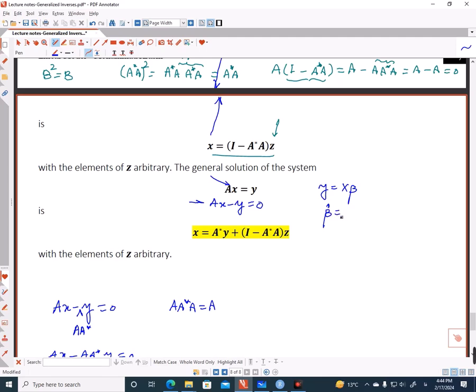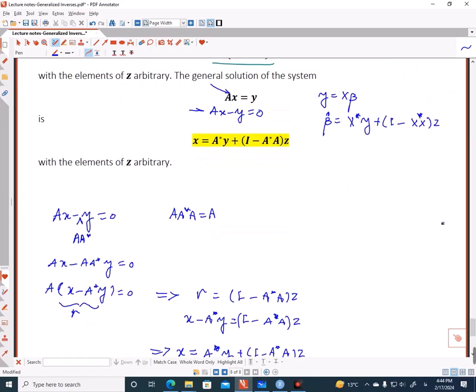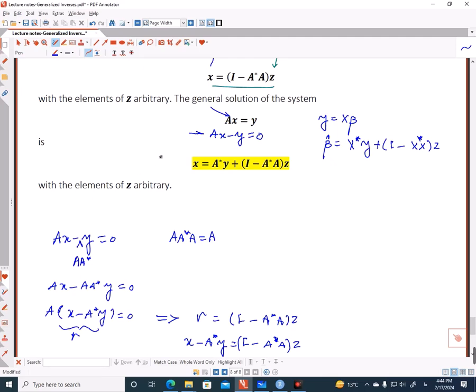So here, according to the common notation, beta hat is equal to the generalized inverse of X, suppose X star is the generalized inverse of X, times y plus I minus X star X times z. And in this way, we can call this the general solution of this equation.